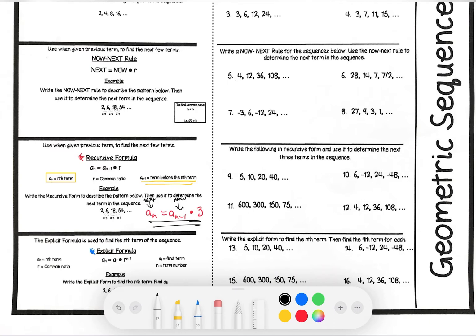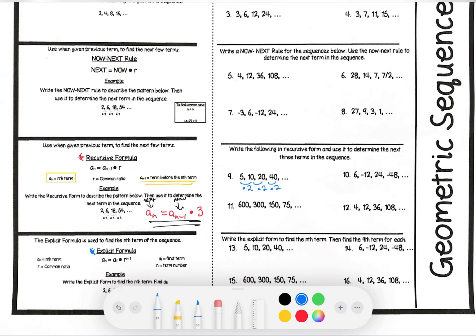So with number 9 here, we're going to write a recursive rule. We're given 5, 10, 20, 40. Well, to go from 5 to 10, we multiply by 2. 10 to 20, we're just making sure it's consistent. And they all are multiplying by 2 to go from one term to the next.